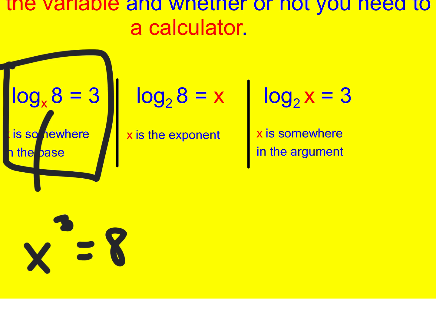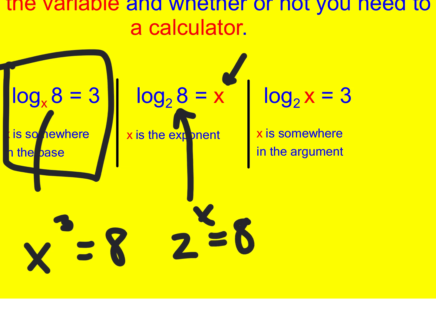All right, so I want you to do the same thing for this. Rewrite this one. That one has the x. That's called the exponent spot. You'll see why when you rewrite it. Rewrite the middle one. Did you make it 2 to the x equals 8? Now, in a way, that one got worse.